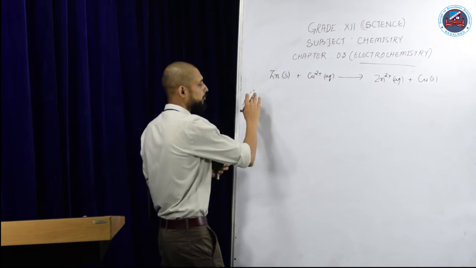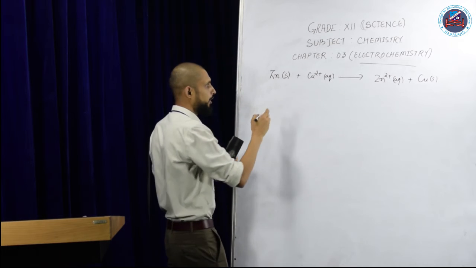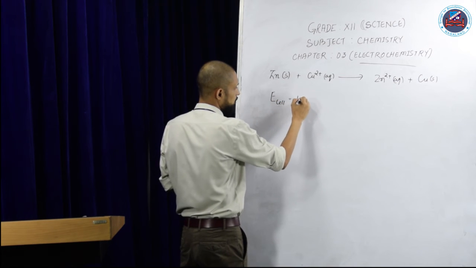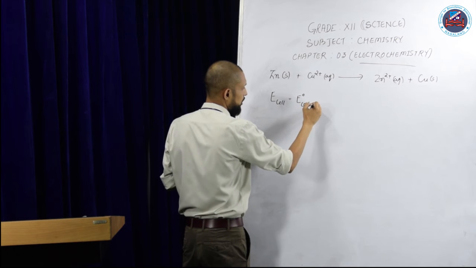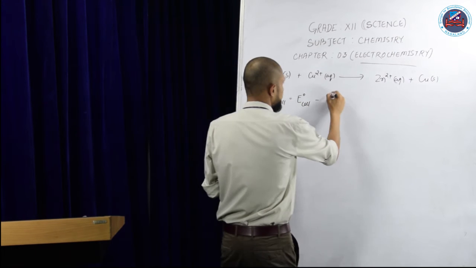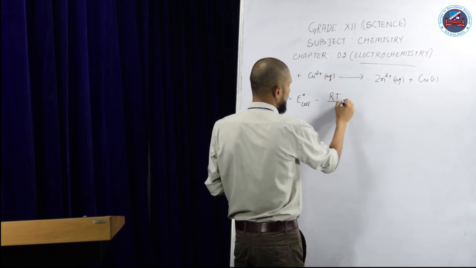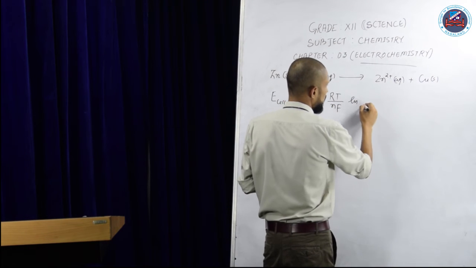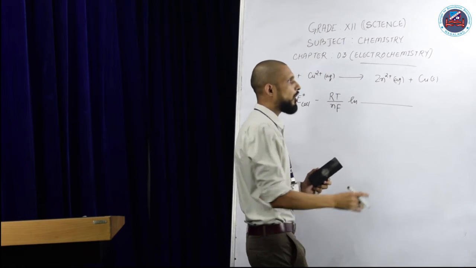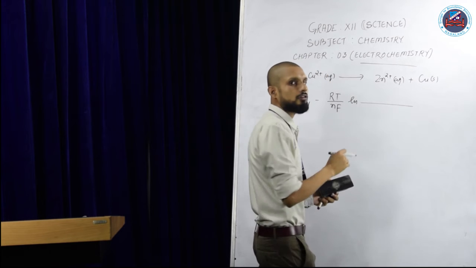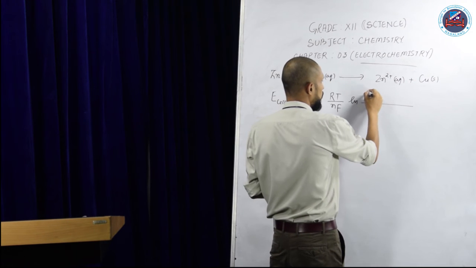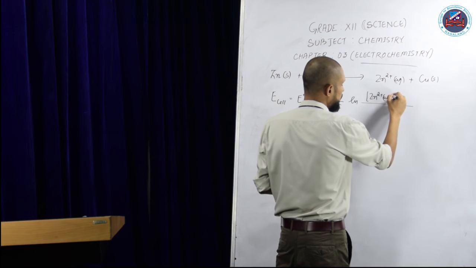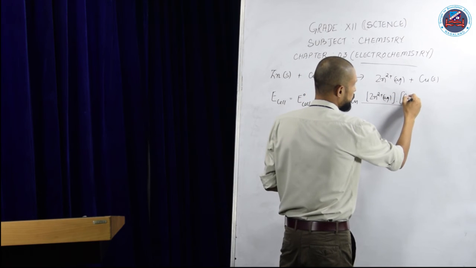Now the Nernst equation for this reaction, that is the Daniell cell reaction, is given as E cell equal to E naught cell minus RT by nF ln of, in numerator you write the species present on the product side, so concentration of Zn2+ aqueous, concentration of Cu(s).